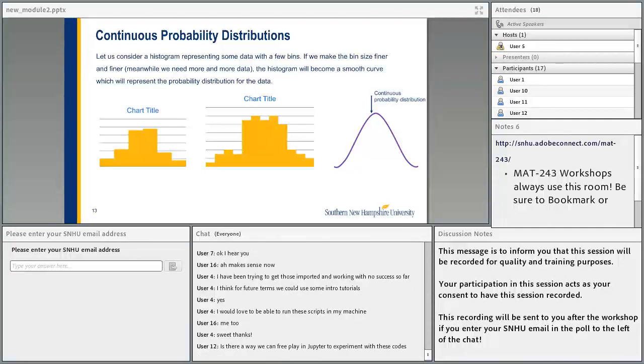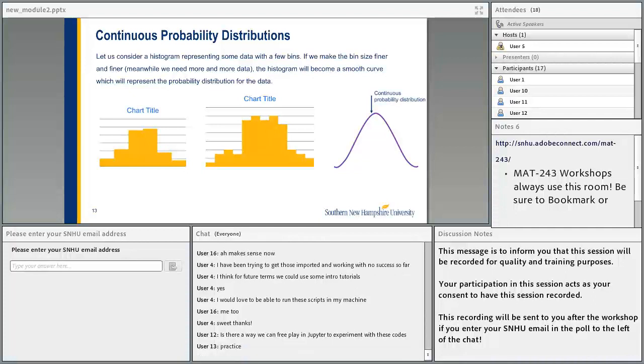Right, continuous probability distributions. I think there is a way you can just add your own code in Jupyter. If you look at the Jupyter tutorial, I think they talk about one part where you can actually write your own code and run it, for practice.